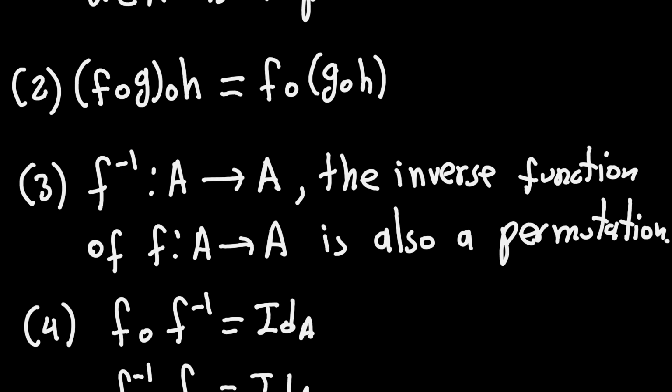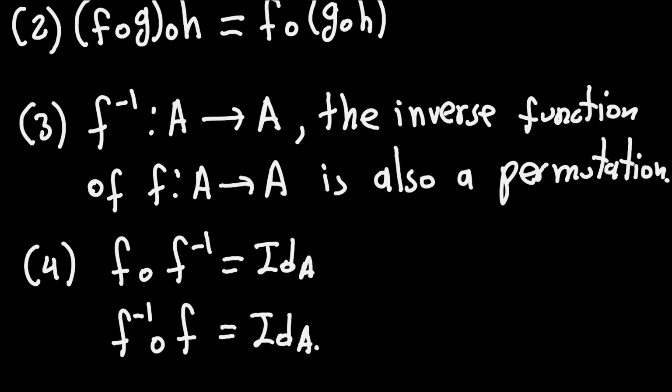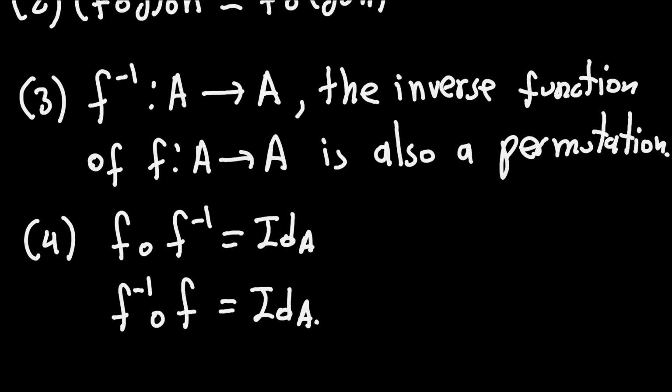This is the inverse of the function f. So the inverse of the function f is also a permutation. If f is a permutation, the inverse is also a permutation. That's another result. And the last one is when you do the composition of f and f inverse this way or this other way, you will get the identity function.